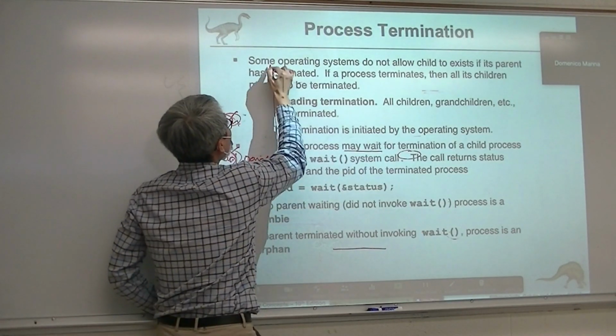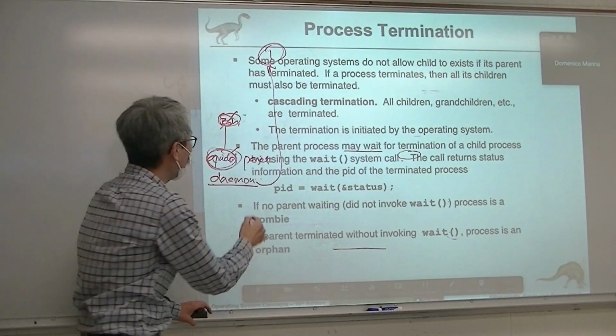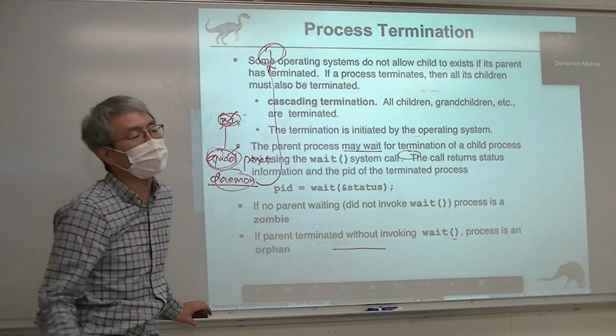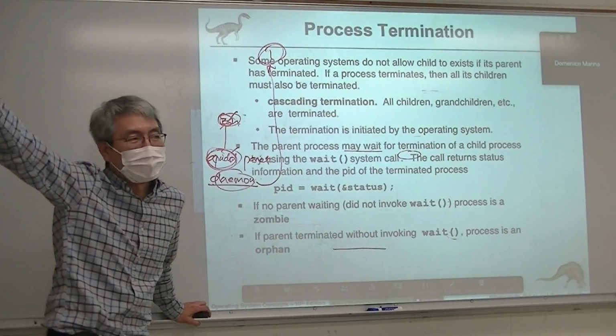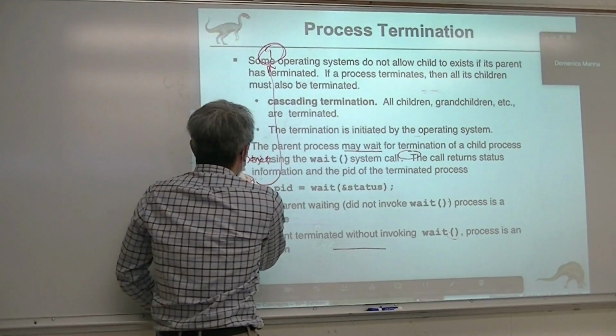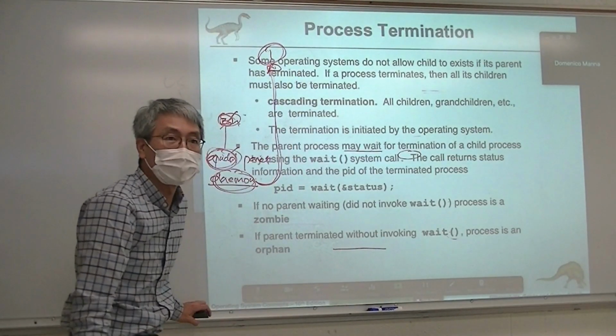Instead, the parent is the init process. It's like saying, I cannot raise my children, government, please take care. For the daemon process, the parent process will be 1, the init process.